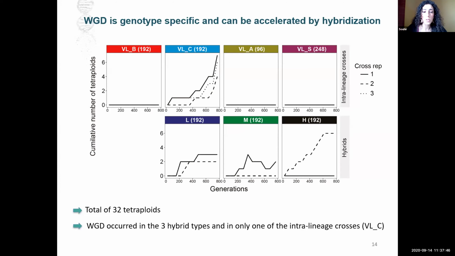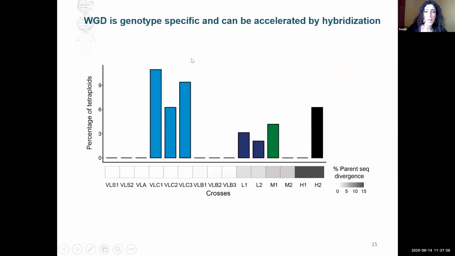We found that whole genome duplication occurred in the 3 types of hybrids and in only one of the intralineage crosses, the VLC cross. Within 770 generations, the rate of whole genome duplication varies among crosses from 0 to 11%.